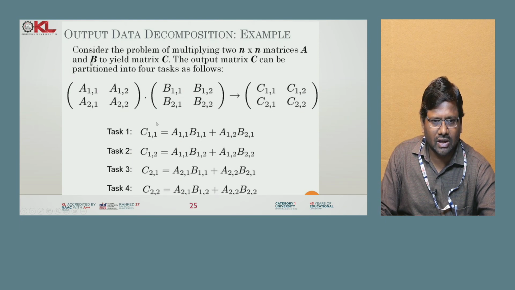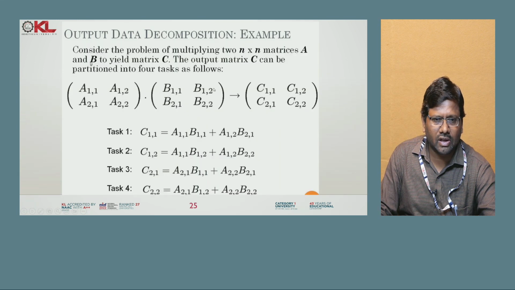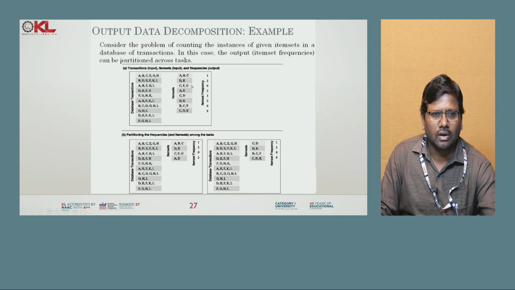The same task could be performed in another scenario also, which is another sort of decomposition. The same matrix multiplication could be carried out in two sorts of divisions, and both are right.